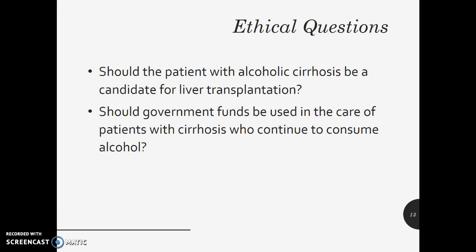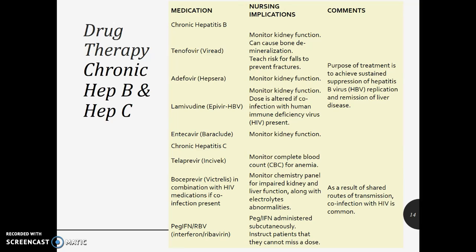Someone has caused significant damage to their liver, where there may be somebody else that had a liver disease that wasn't related to an action on their part. And then another question is, should government funds be used in the care of patients with cirrhosis who continue to consume alcohol? So those are some good things to consider and talk about with the team if those things are in place in the hospital setting.